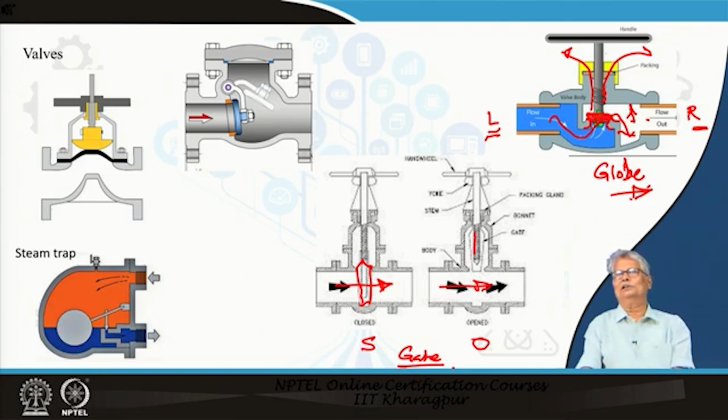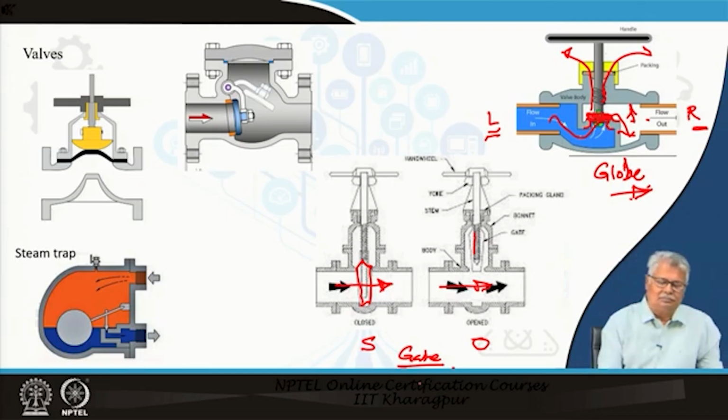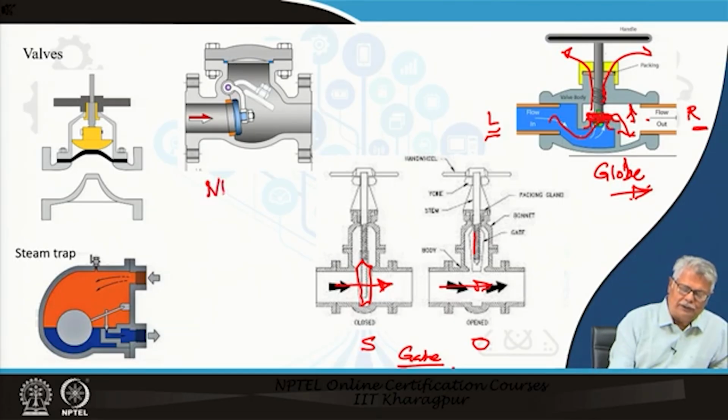Now, we have talked about regulation, and we have talked about open and shut type of valves, which is a gate. It is also possible that you must have some valve which will allow flow in one direction only. That means, you have a non-return valve. A typical non-return valve construction is shown here. What you have here is a disc which closes the entry.